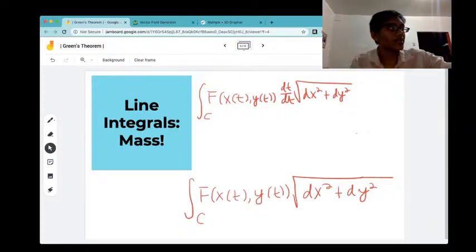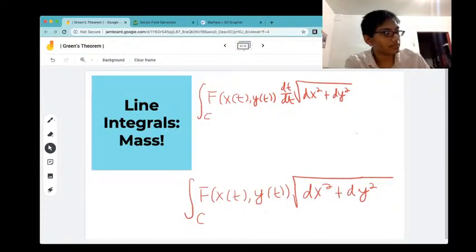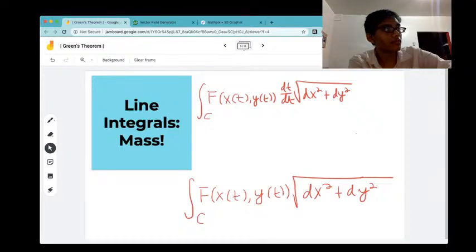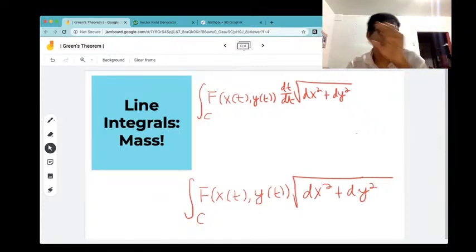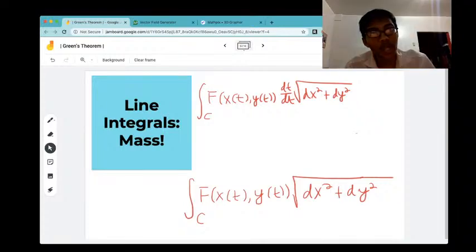Okay, so now that we have that dt over dt, we're going to try to bring that into our radicand.